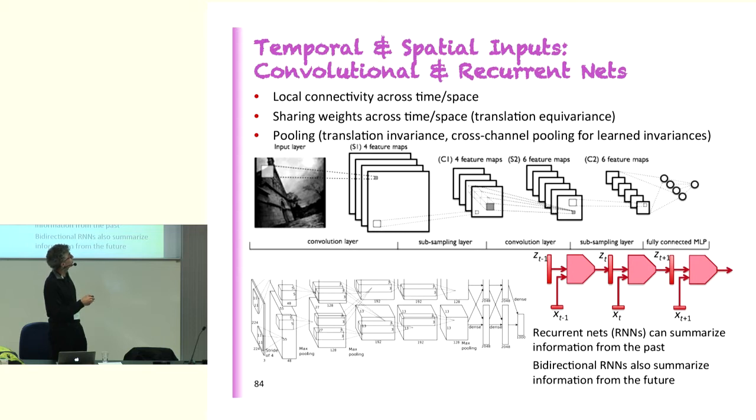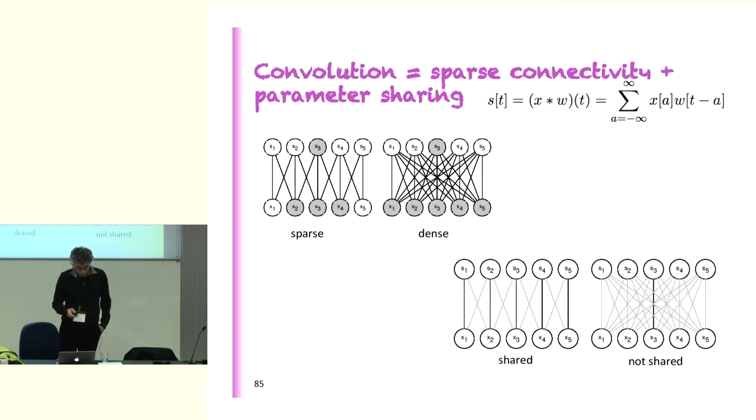So local connectivity will reuse the same parameters for units that look at different portions of time or space. We'll share weights across time and space. And we'll use pooling to achieve some kind of invariance. So let's go through each of these.